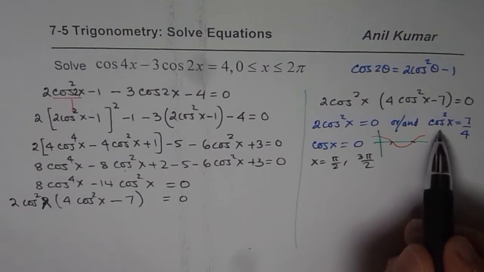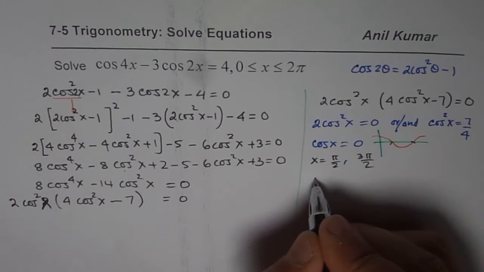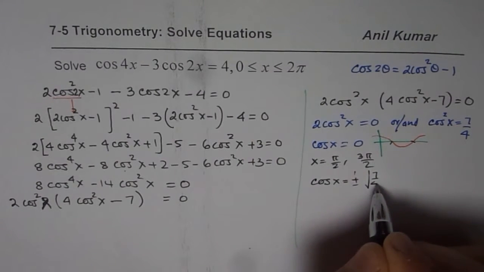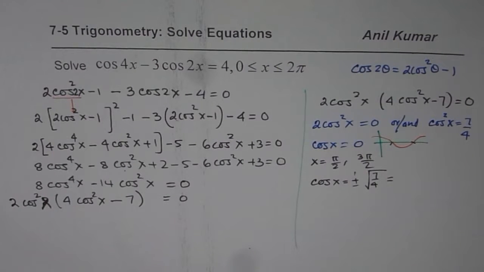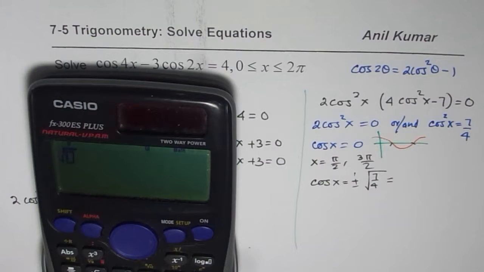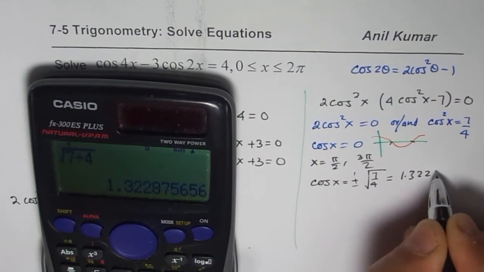Now on the other hand, we have cos square x equals 7 over 4. So we can now write this as cos x equals plus and minus square root of 7 over 4. Let's use the calculator and find the value. So the square root of 7 divided by 4 equals 1.3228, right?